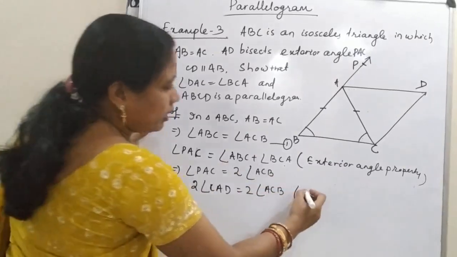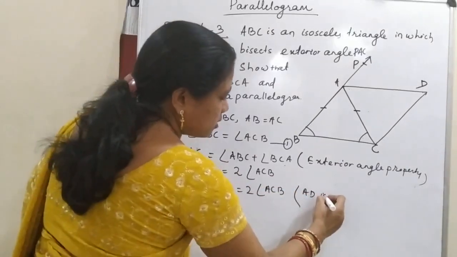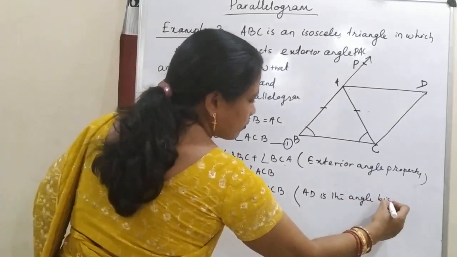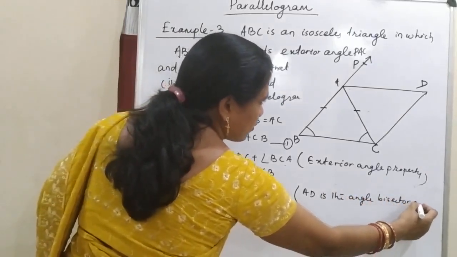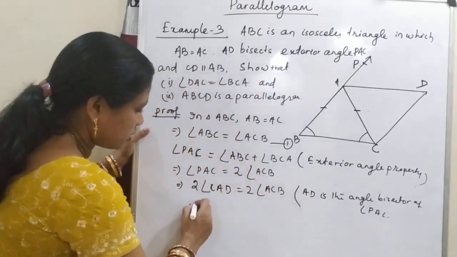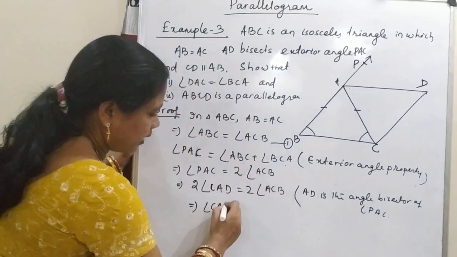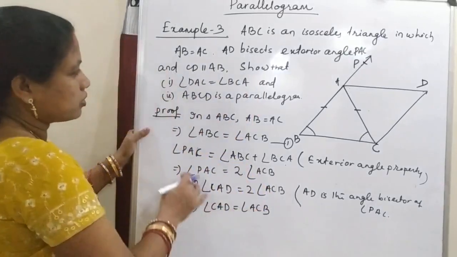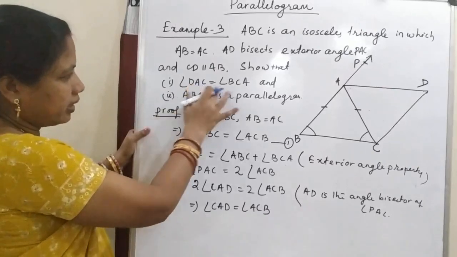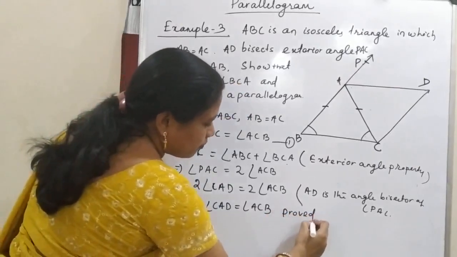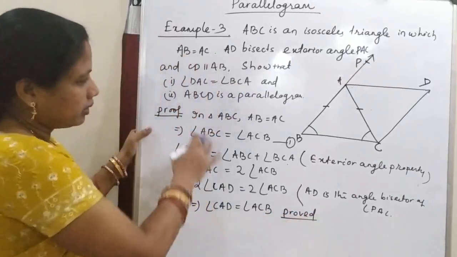As we know that AD is the angle bisector of angle PAC, this implies angle CAD is equal to angle ACB. This is proved. The first one is proved.